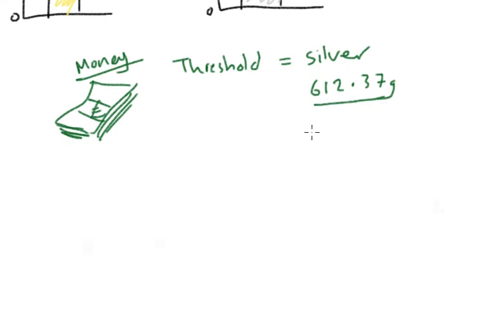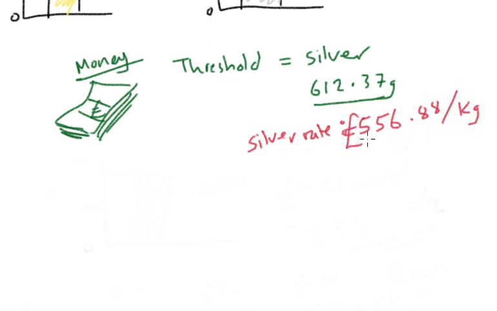What you do is you go onto a website and find the rate of silver. So what's the silver rate today? If you go onto one of the websites, you can find, which I've found at the moment, 556.88 pounds per kilogram of silver.